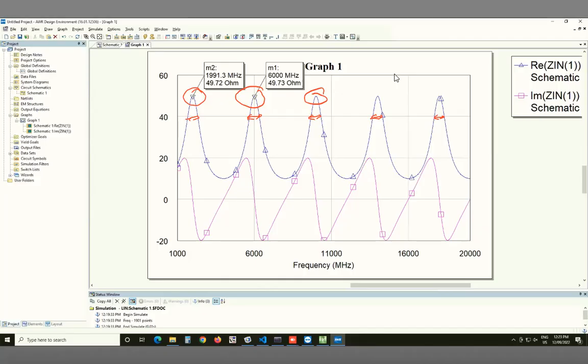So if this number here is say 200 megahertz, 200 megahertz at 2 gigahertz is a wide band transformer, as opposed to 200 megahertz at 18 gigahertz, because 200 over 18 is a much smaller fraction of the operating frequency.